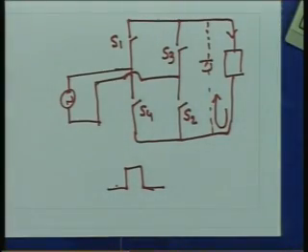So the trigger pulse sequence for S1 and S3 should be complementary in nature. The pulses for S1 and S3 in the positive half should be complementary, and S2 is closed for 180 degrees, the entire positive half.